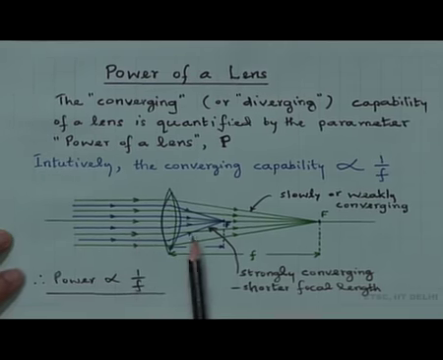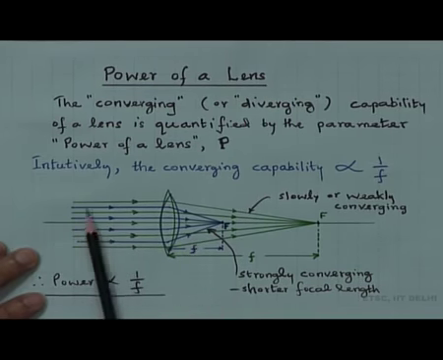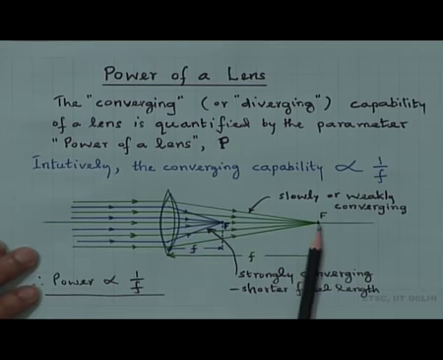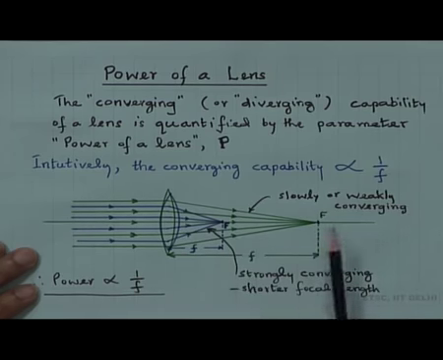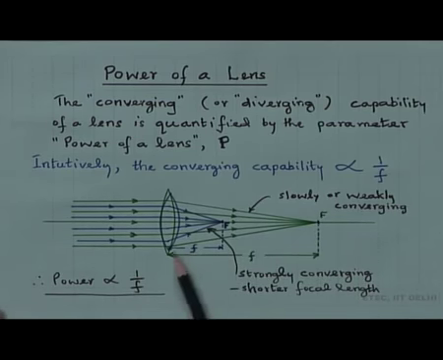Intuitively, what I have shown in this diagram here is that the green colored rays focus to a point F here. It's a thinner lens with a larger focal length, so it is converging slowly, or weakly converging. The focusing is slow in the sense of distance, not in time.